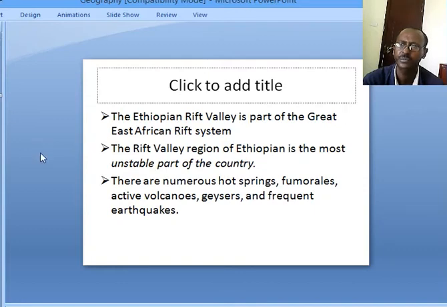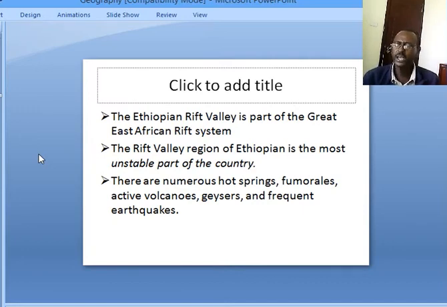The Ethiopian Rift Valley is part of the Great East African Rift System, which goes from Syria to Mozambique, across Ethiopia. The Rift Valley region of Ethiopia is the most unstable part of the country because it is a fault line.